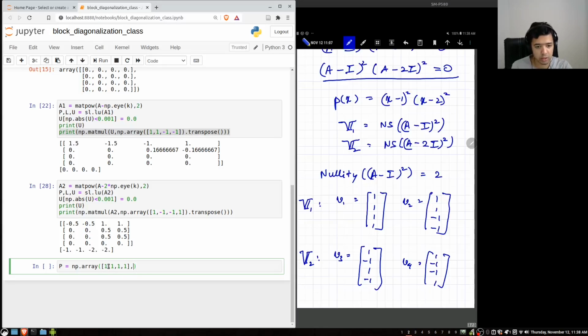I'm going to take a transpose later, and 1 1 minus 1 minus 1, and 1 minus 1 1 minus 1, and 1 minus 1 minus 1 1.